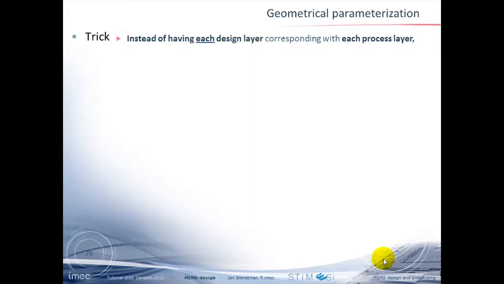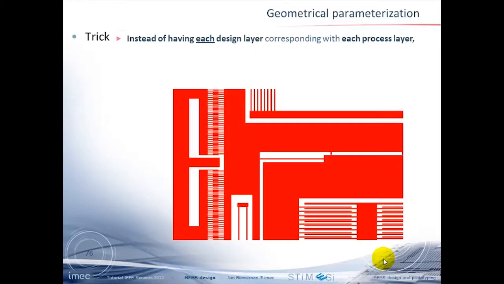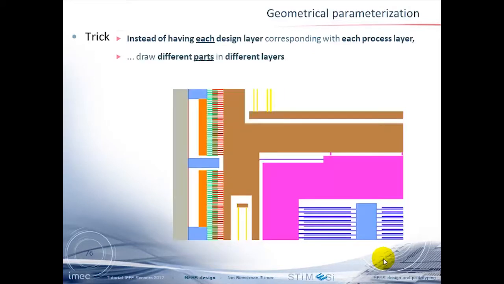So instead of drawing my mechanical layer, my comps, my anchors, my spring, my mass, my holes, which all form parts of the same mask, just draw them in different layers. Because when they are different layers, you can treat them in your modeling tool differently, because these are the functional parts. So every color goes in a different layer.